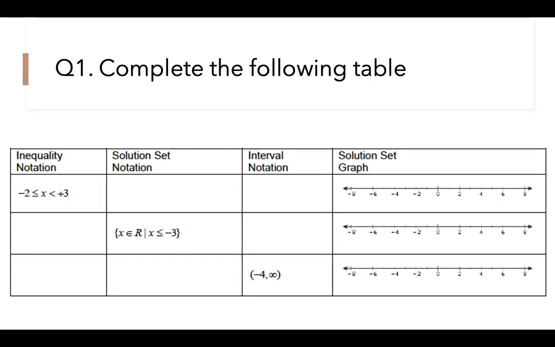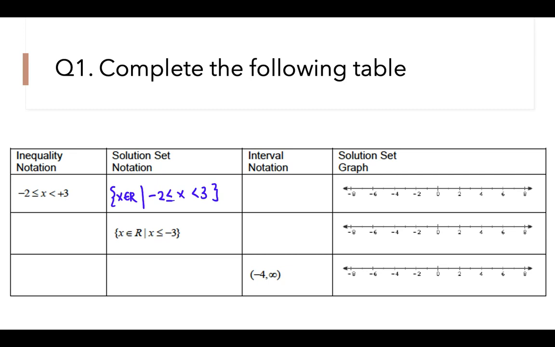So it's -2 in between, so x is greater than or equal to -2 and less than 3. But keep in mind that it's including -2 here. So for solution set notation, x is a set of any real number such that it's greater than or equal to -2, but less than 3.